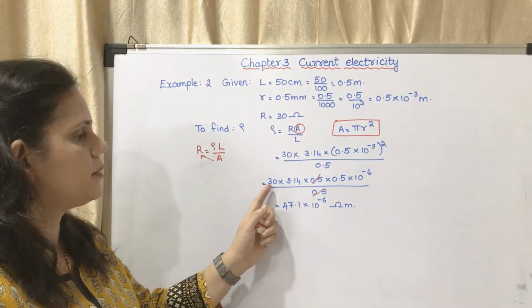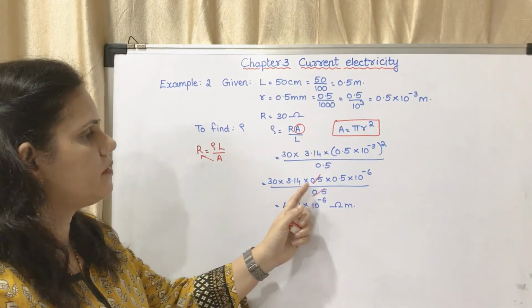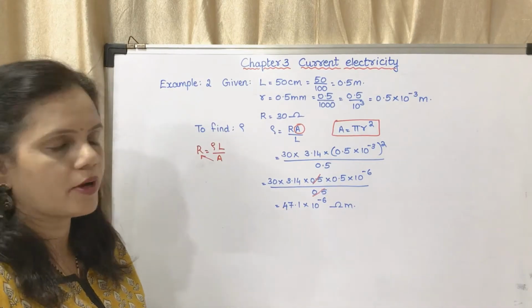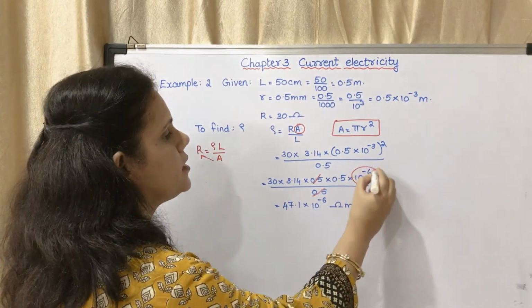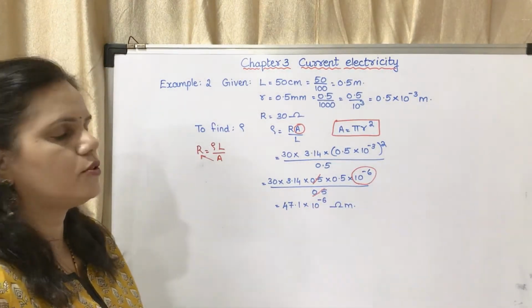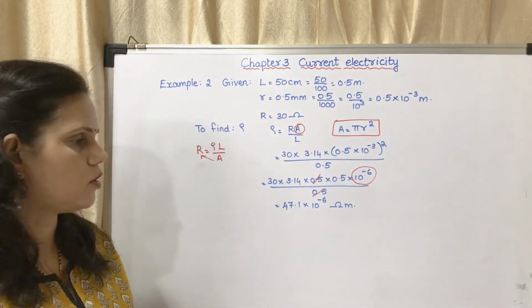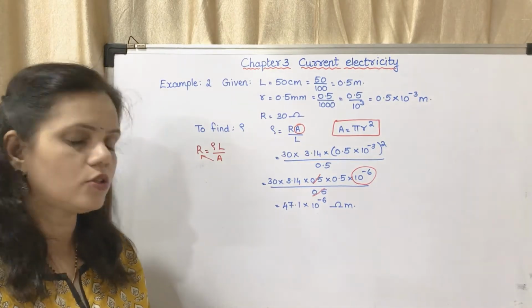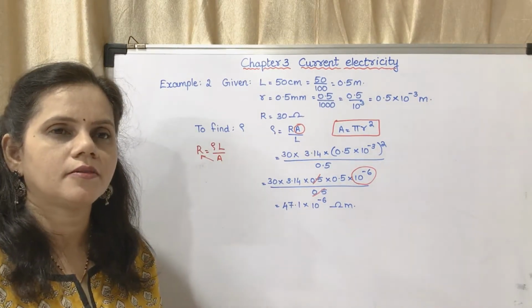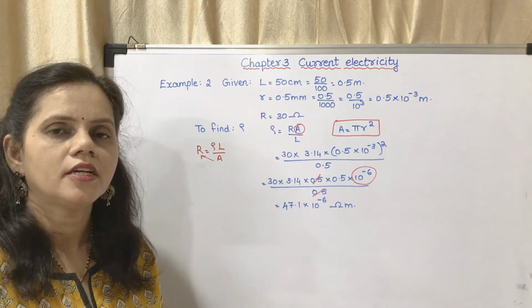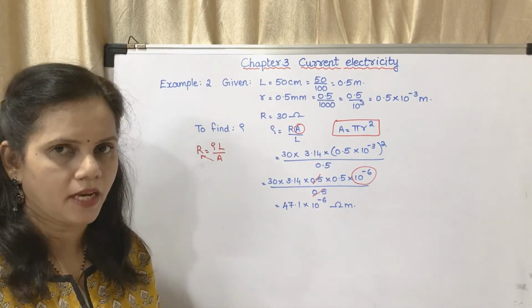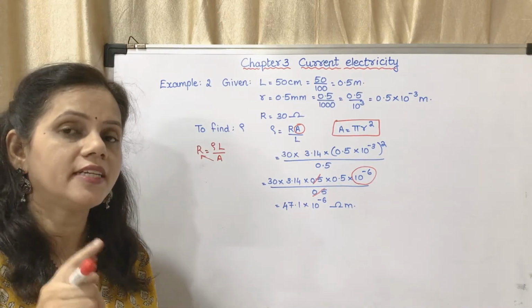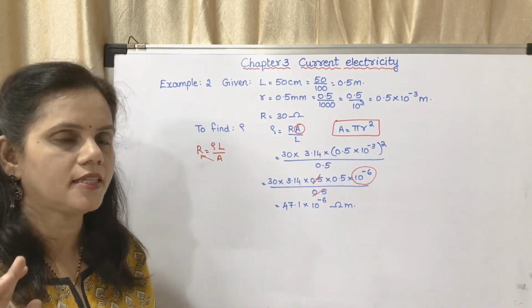Now you have to multiply 30 into 3.14 into 0.5. You will get the value as 47.1, and I have kept this as it is, that is into 10 raised to minus 6. Now in physics there is a tradition to write the values with one digit before the decimal. Generally the answers are given with one digit and the others in decimals.